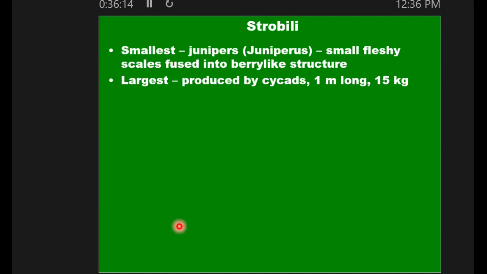And so when you look at them, you would say it's a berry, right? You've probably heard of juniper berries, and that's how people talk about them. And they actually turn blue. So they look like a berry, but it's not. It's a strobilus. What do we make from juniper berries? Big business. Anyone know? If you're over 21, you might know.